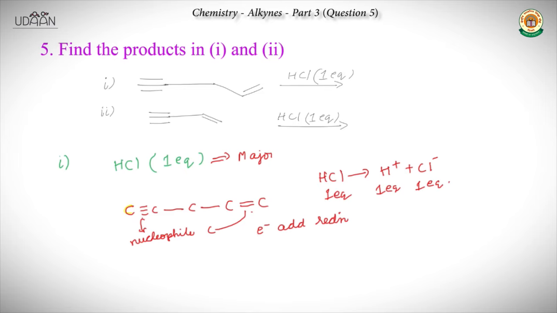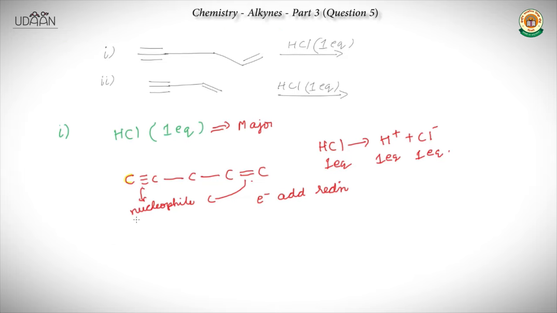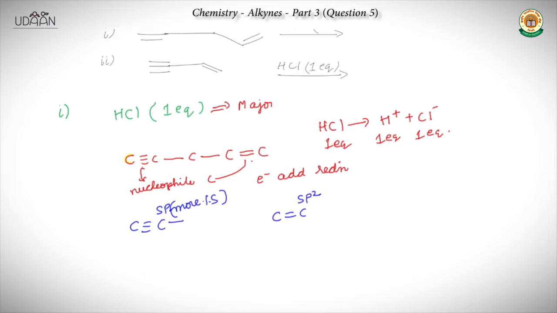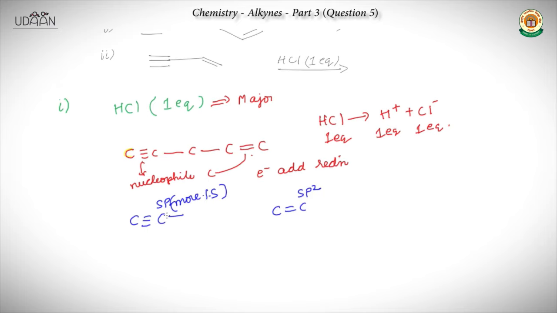Now you need to think which one of these is the better nucleophile, either C triple bond C or C double bond C. In C triple bond C, the carbon is sp hybridized, and in C double bond C the carbon is sp2 hybridized. For sp hybridization we have more s character, as we discussed in a question before this. So it is more electronegative.